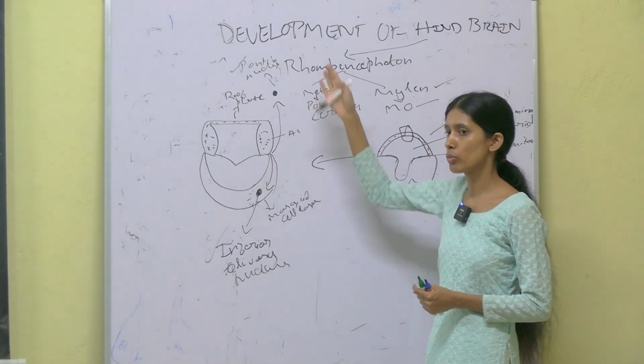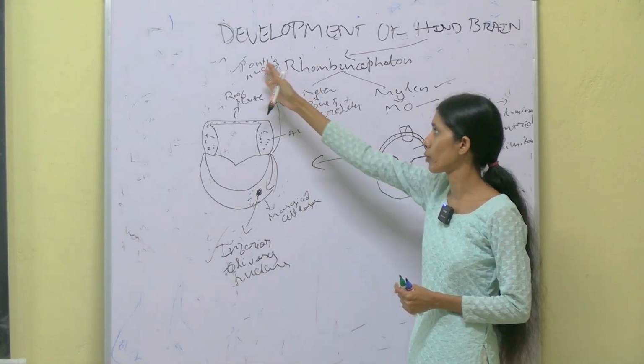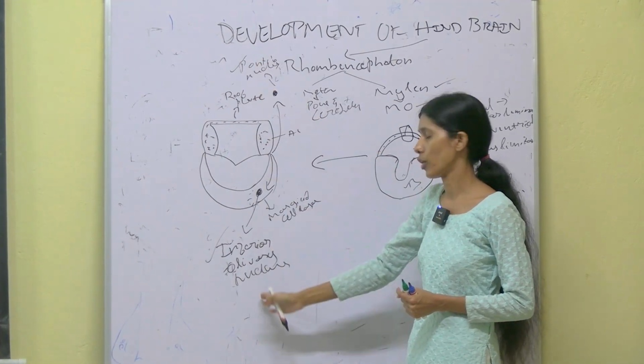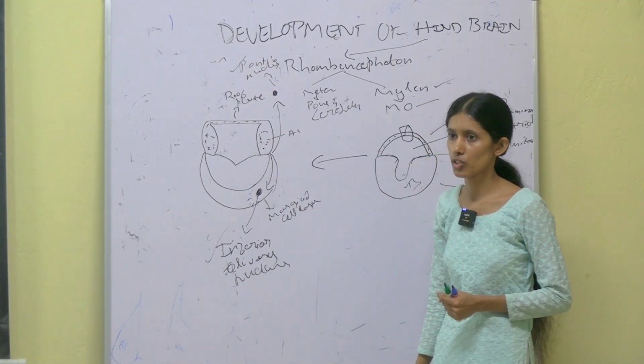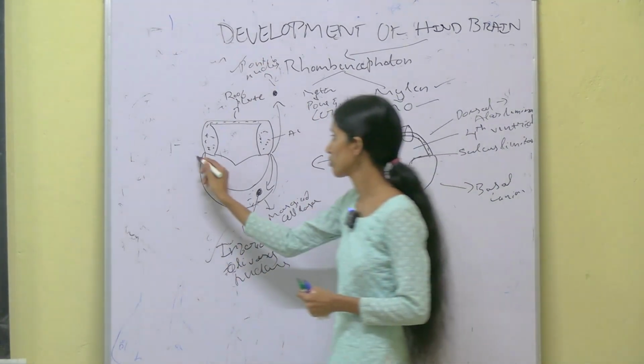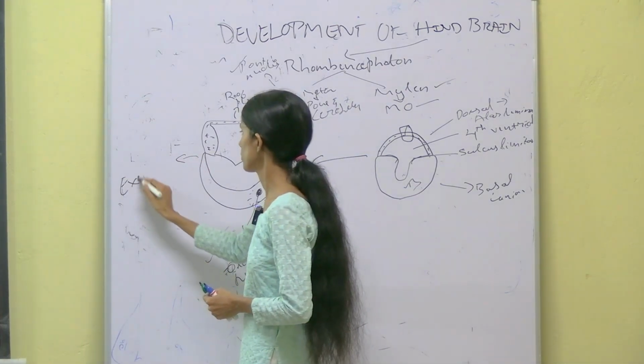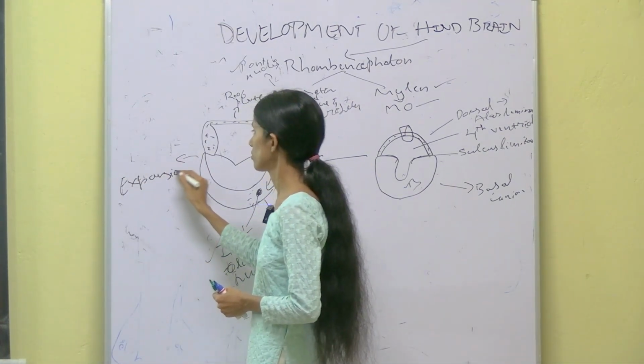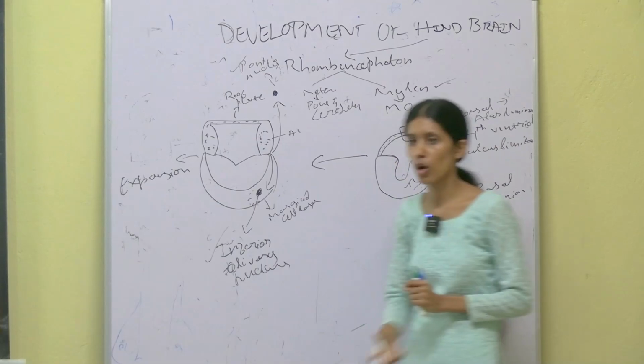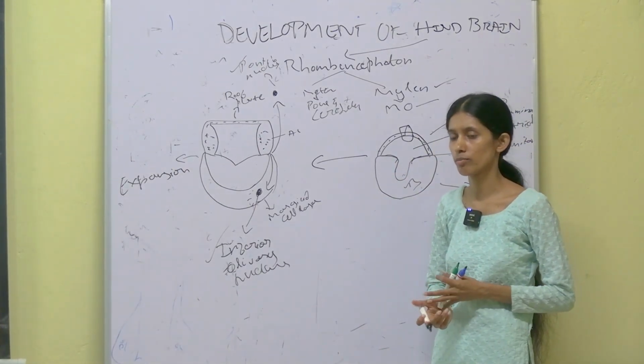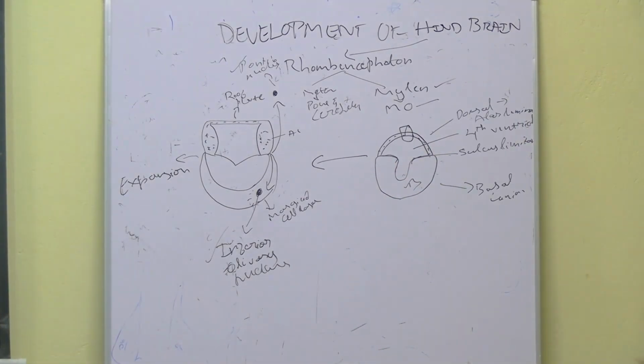Okay, so this process of cells moving from your pontine region to your medulla oblongata region is called what expansion? The name itself is telling: the cells are moving from your pontine region to your medulla oblongata region. So what is that expansion called?